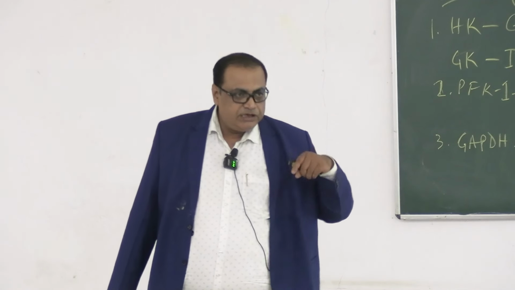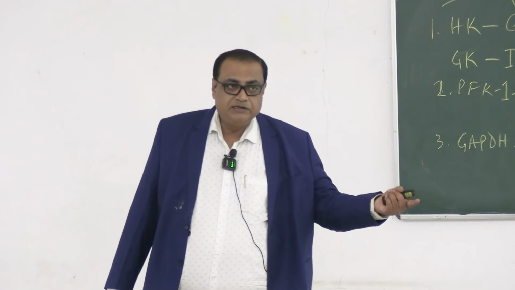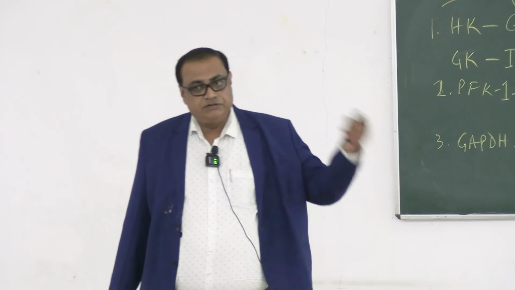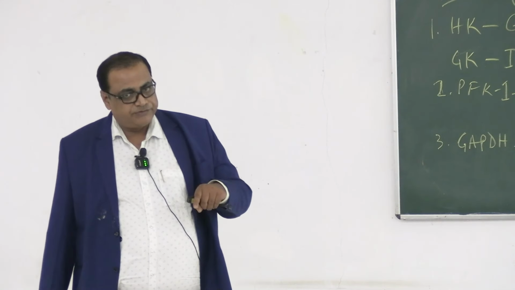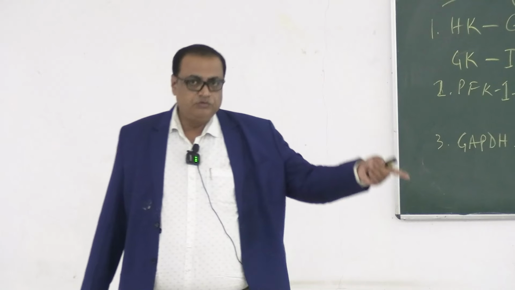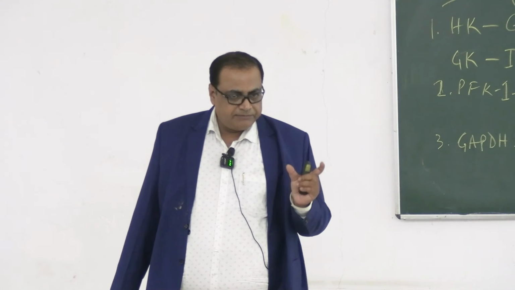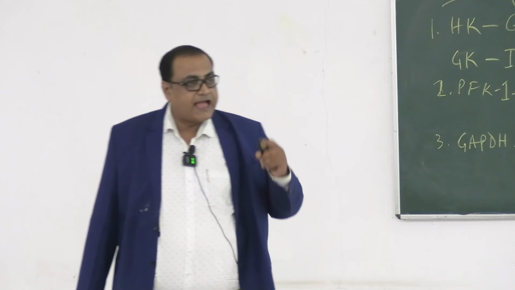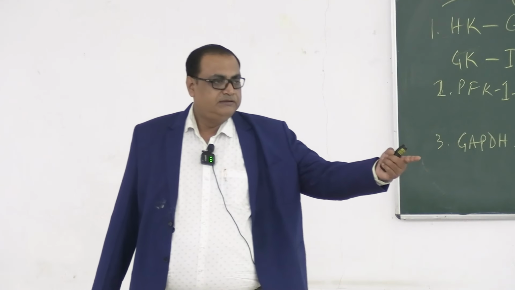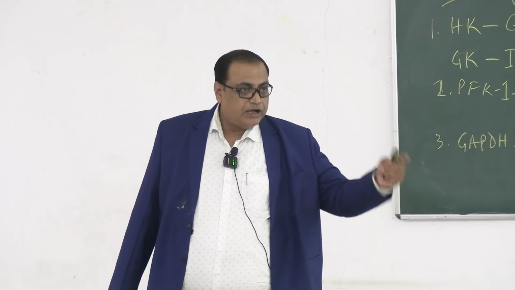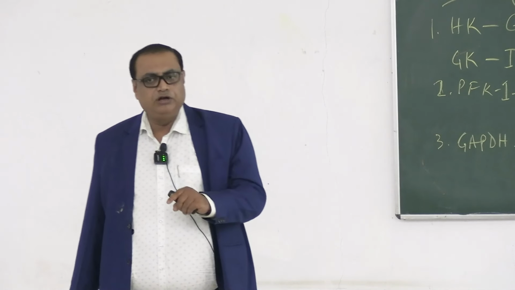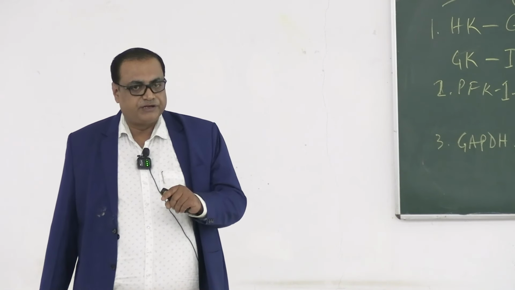Dephosphorylation means insulin prefers glycolysis. So insulin prefers formation of fructose 2,6-bisphosphate. So insulin prefers PFK2 activity. That means dephosphorylation of the enzyme PFK2 activates PFK2, and PFK2 produces more fructose 2,6-bisphosphate.